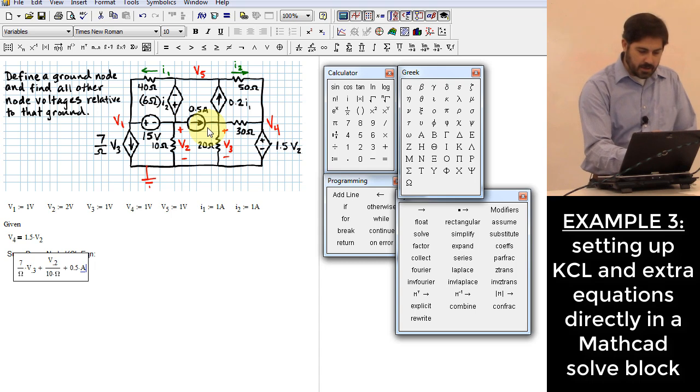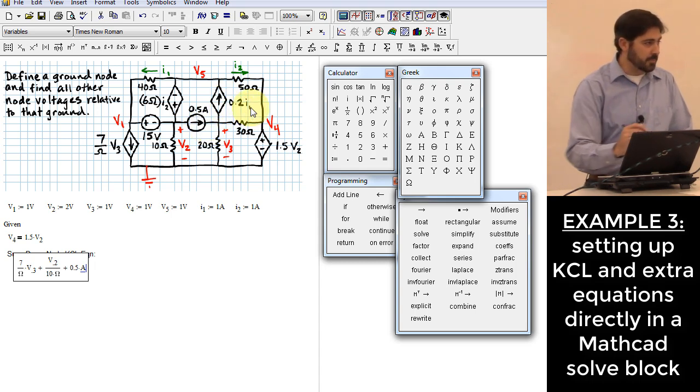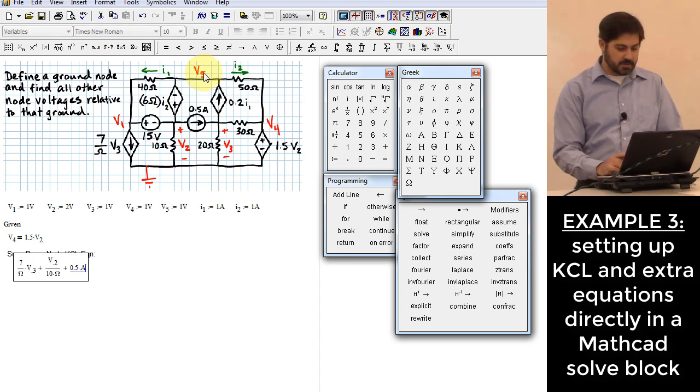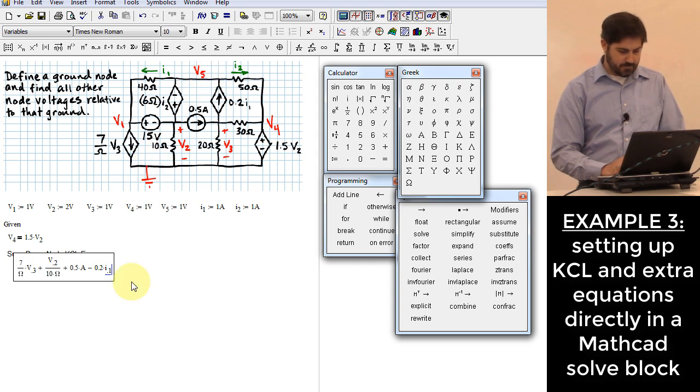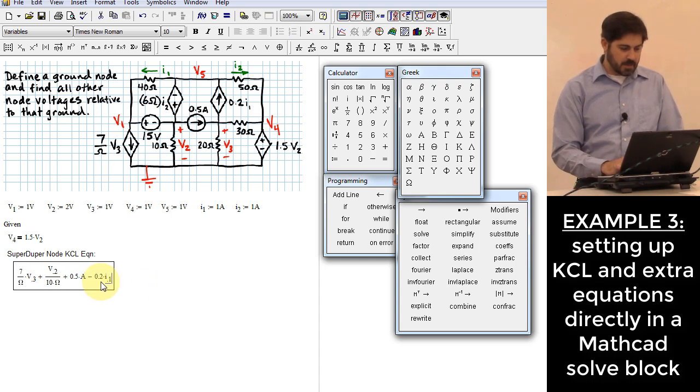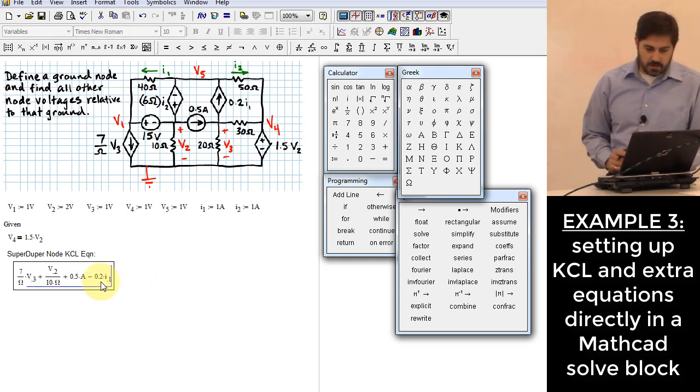Okay, 0.2 times I1 is entering up here, right? So I'm going to take that as being minus 0.2 times I1. Okay. With me so far? Anything else?